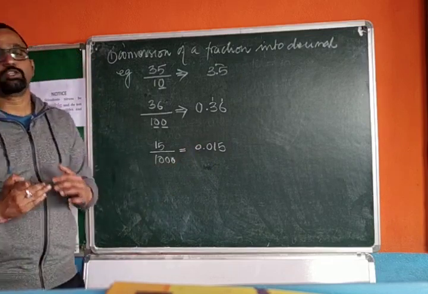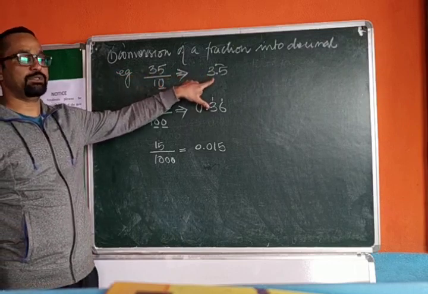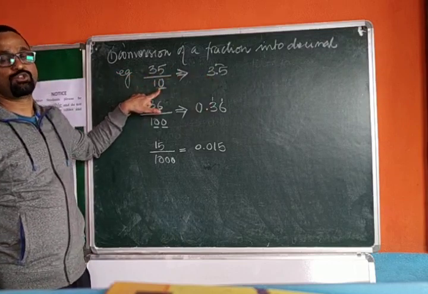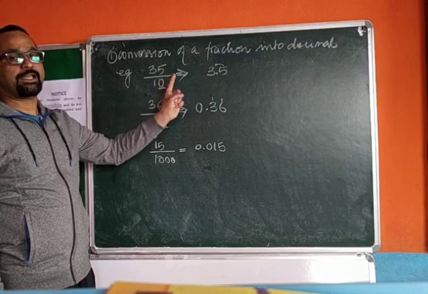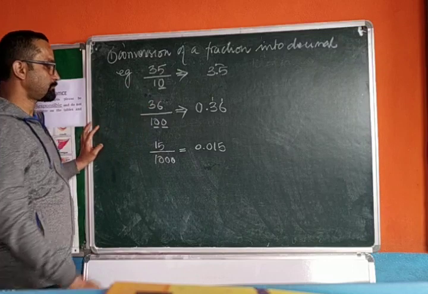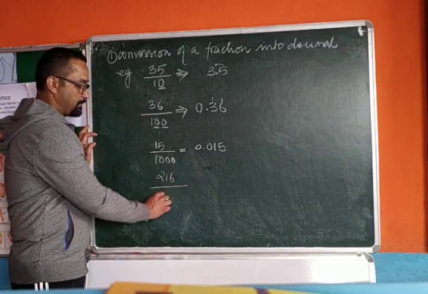This is how we convert a given fraction into decimal. Counting number of zeros at denominator, then on the left hand side you have to shift. Another example, 216 divides by 100.